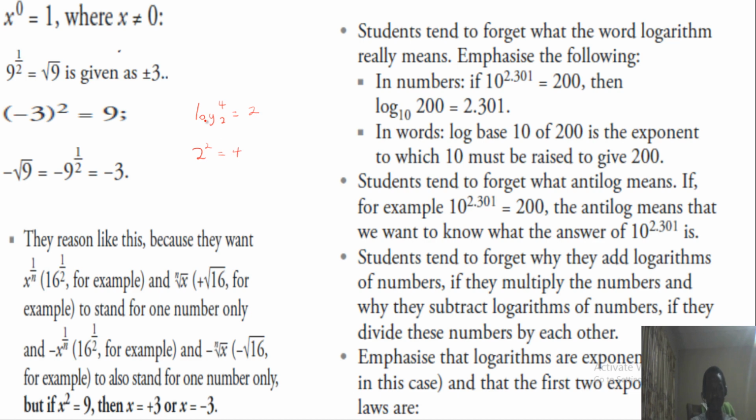Fine. It simply means we are taking the anti-log, but it's not in base 10, it is in base 2. Therefore, you might say, let's make log 4 to base 2 equal to x.